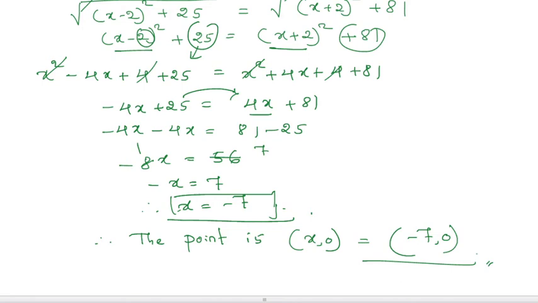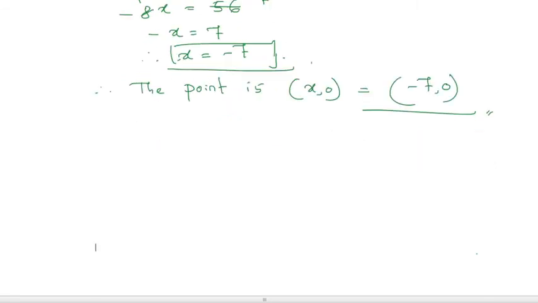Now problem number 8. Find the value of y for which the distance between the points P(2, minus 3) and Q(10, y) is 10 units. It is a simple problem.